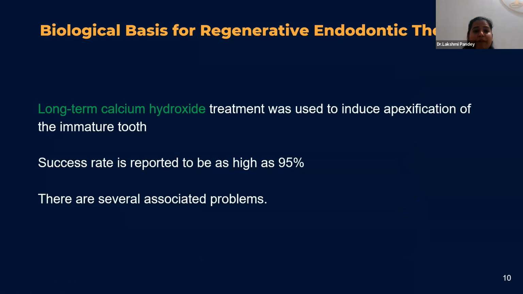Next, the biological basis for regenerative endodontic therapy. Long-term calcium hydroxide treatment was used earlier. You have read about open apex cases, apexification and apexogenesis. During that time we used calcium hydroxide. The success rate was 95%, but there were a lot of associated problems.